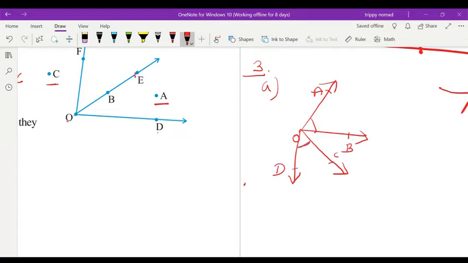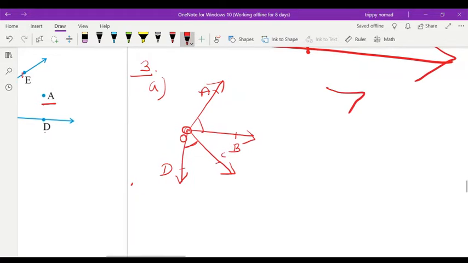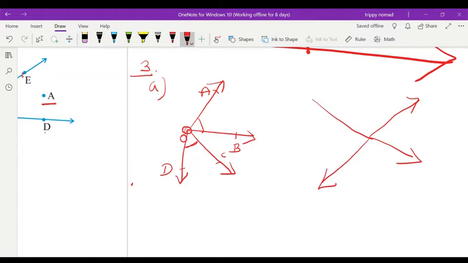So these two angles have one point, this one, common. For the same question you can draw like that also. This is another way to represent the same, this one O, with AOB and COD. Either this way or that way you can present it.